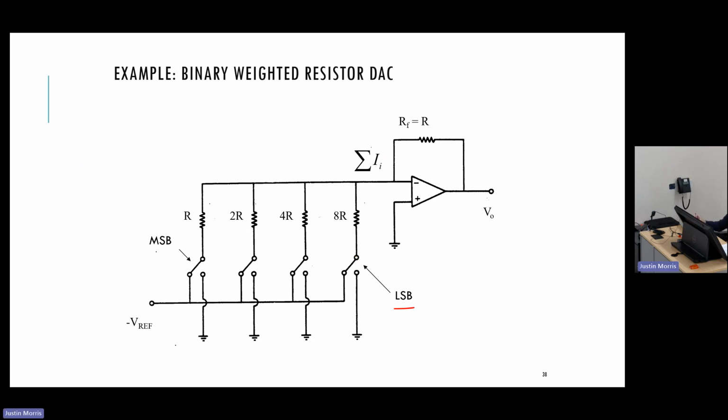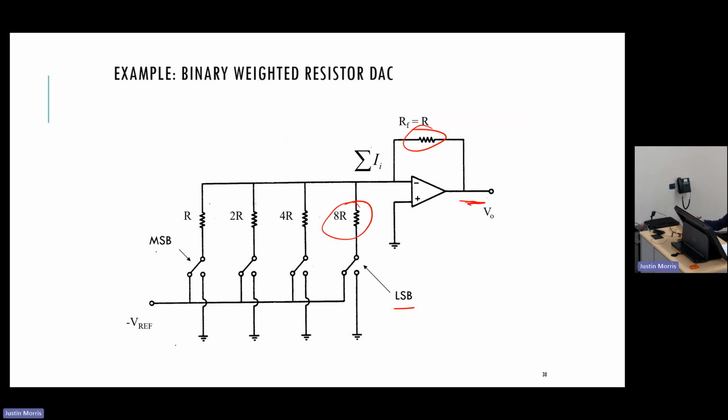And that's going to contribute a little bit of current as well as a little bit of voltage at the output. And it's proportional to this resistor size compared to this resistor size. So if this resistor is connected, 1/8 of the voltage is going to come across here.